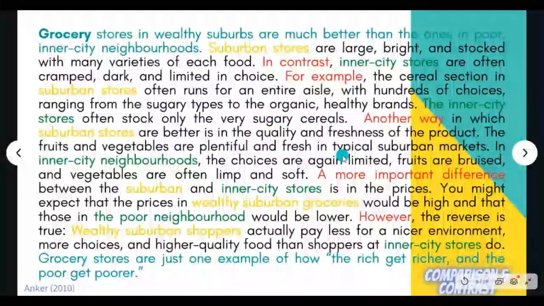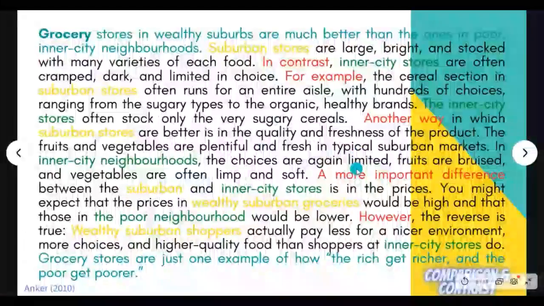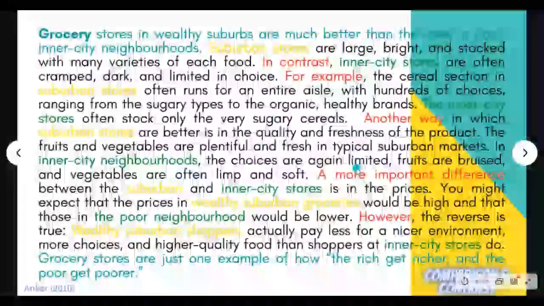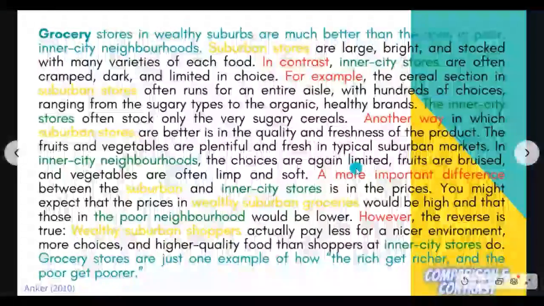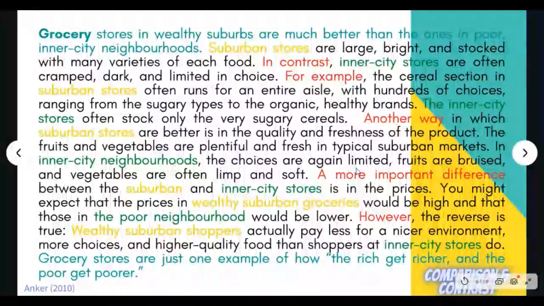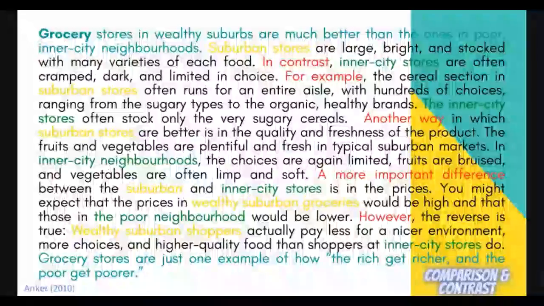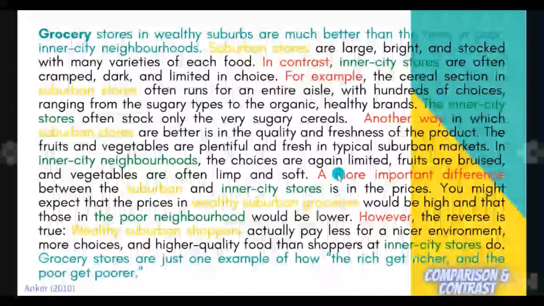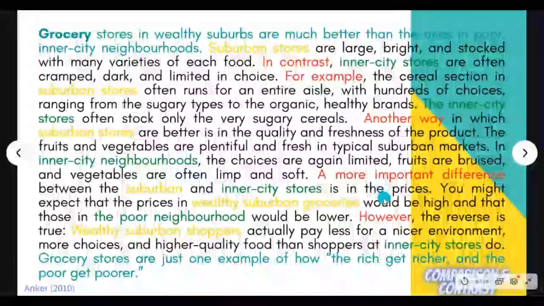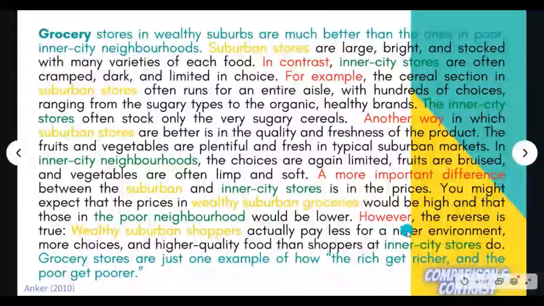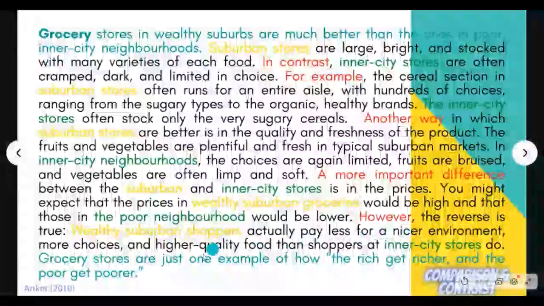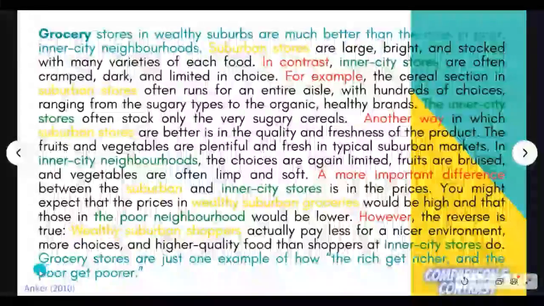Of course, we don't see this passage as discrediting the rural grocery stores, but it is to give an example of how to contrast two things. And then there are still other points to contrast, and then we just come to the final sentence.